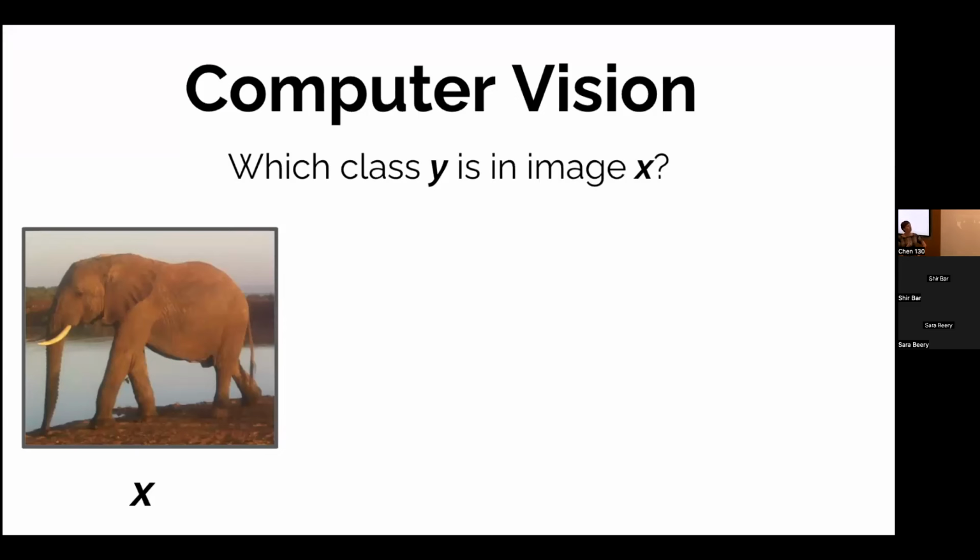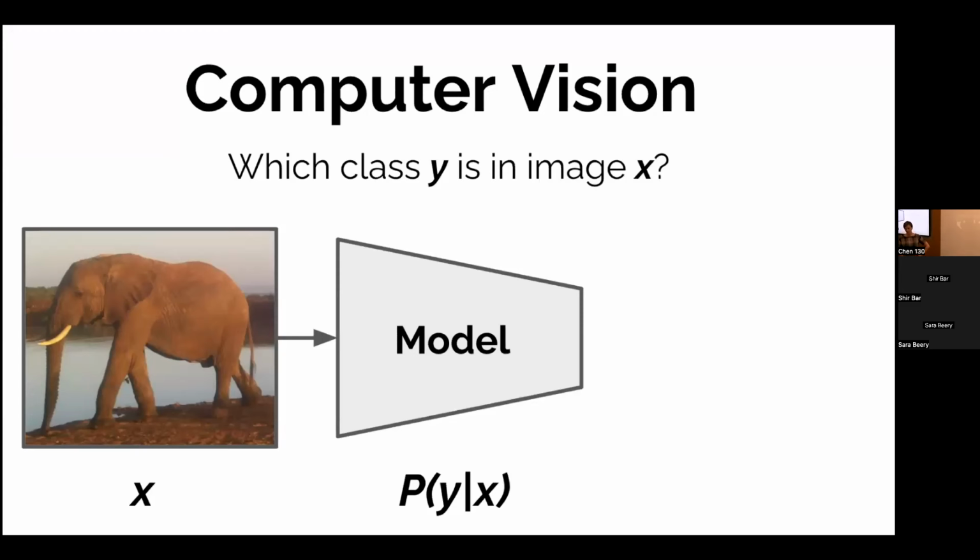But essentially, we're trying to interpret what is in an image. And these days, usually what we're trying to do is actually generate a model that will estimate the probability of a given category, Y, or class here, Y, given, conditioned on that image that we showed the model, X.